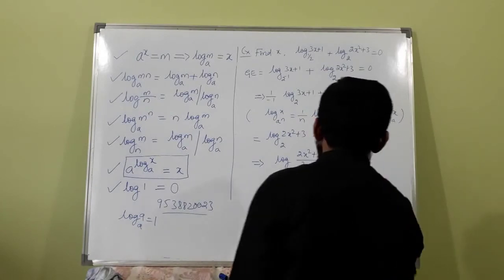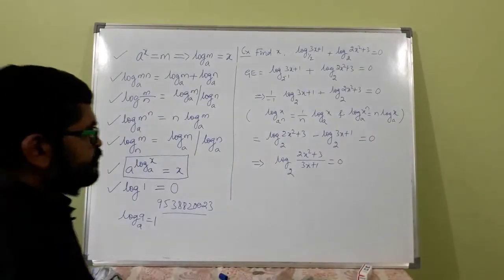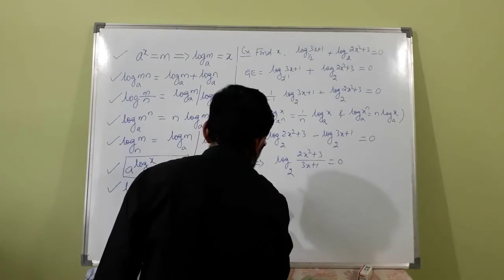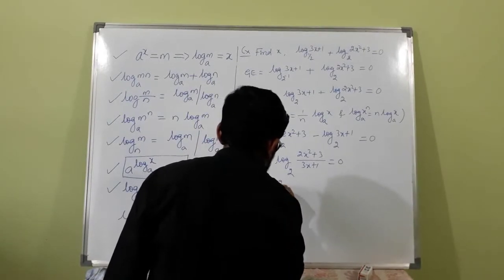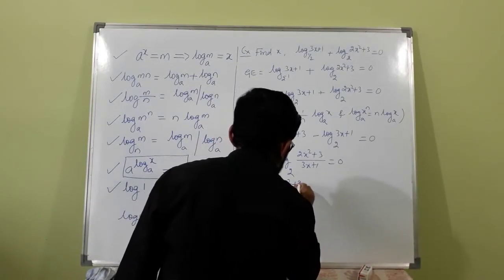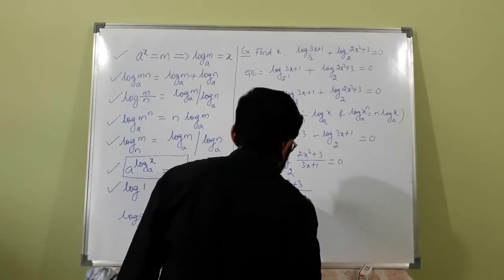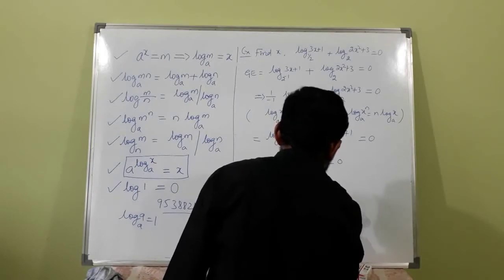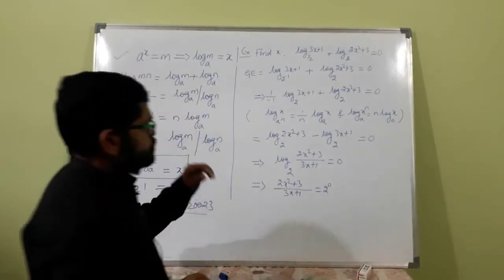This implies 2x squared plus 3 divided by 3x plus 1 is equal to 2 raised to 0.